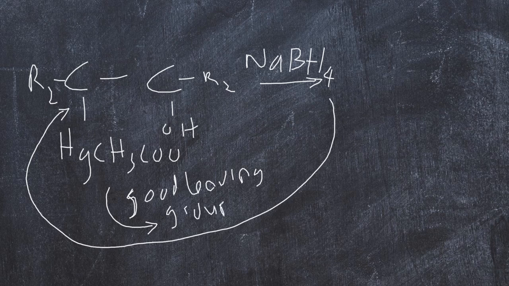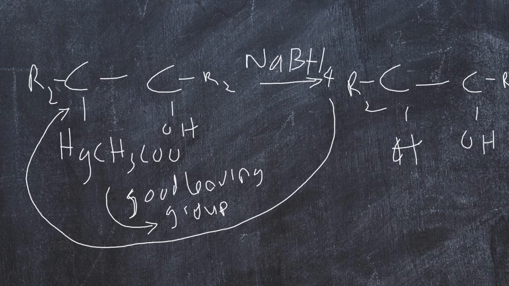The mercury acetate is a good leaving group, so it leaves, and then the hydrogen comes and fills in this space. And at the end of the day, we end up with an alcohol. An alcohol is formed, and this is the product we're looking for. So the reaction is complete.